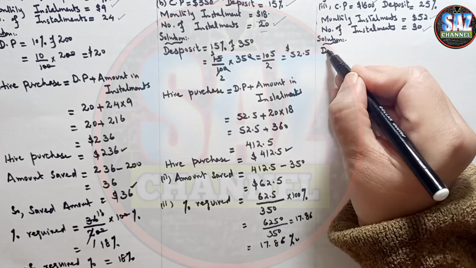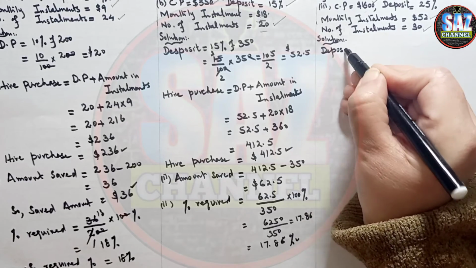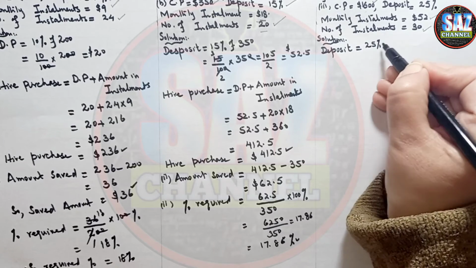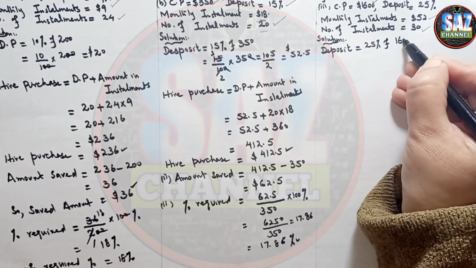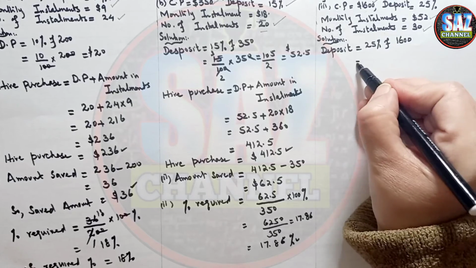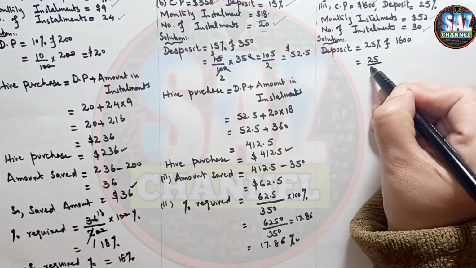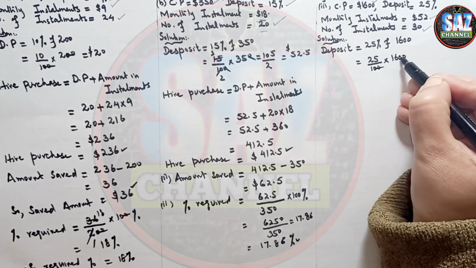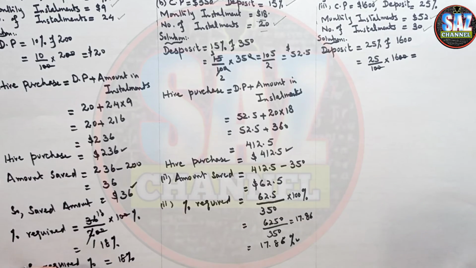So deposit will be equal to 25% of $1,600. So this will give me 25 over 100 multiplied by 1,600. These two zeros can go. Learn to make your calculation easy, because these questions can come in paper 1 as well.